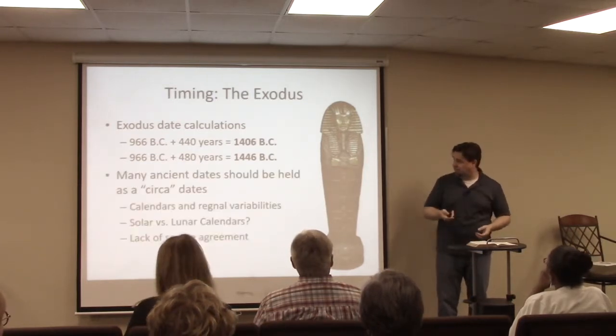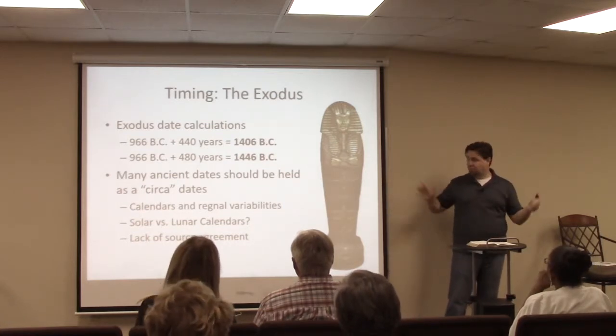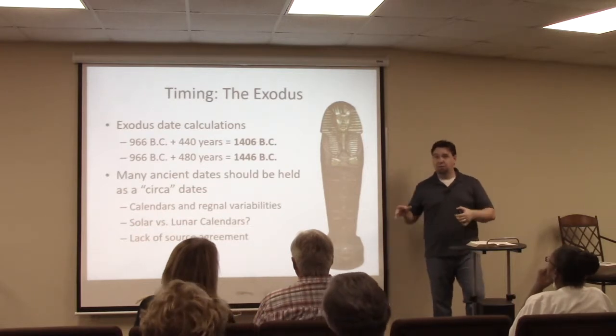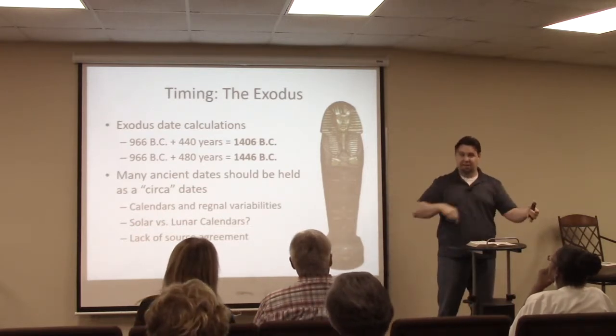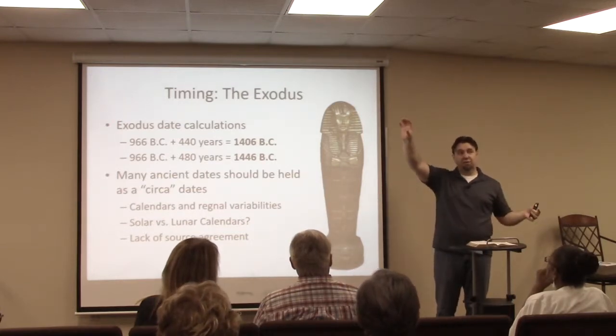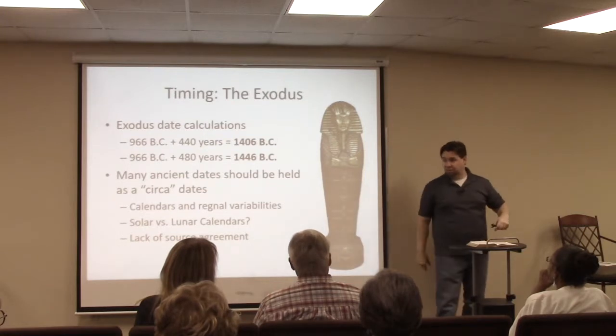but in all honesty, it's kind of a circa thing, right? Many ancient dates could be circa dates plus or minus X number of years, because there are differences of calendars. There's differences of what that nation's calendar was, and this nation's calendar, and that nation's calendar. And are the two events that they're talking about, separated by space, are they talking about the same time? If they're talking about the same event, then it might be the same time. And if it is the same time, then we can put them in that kind of chronological order, right?